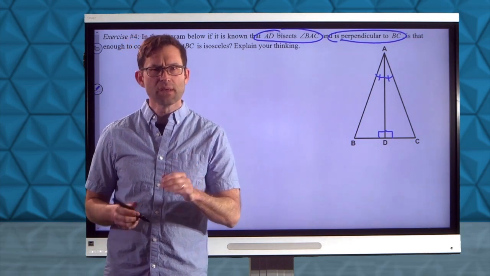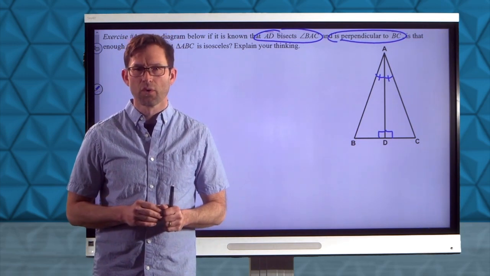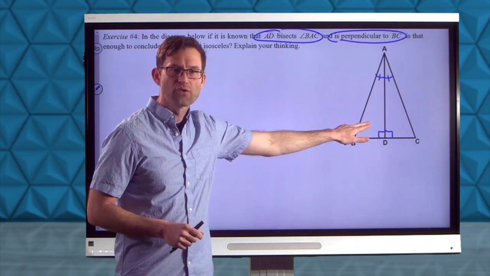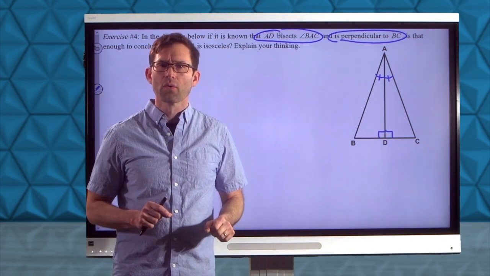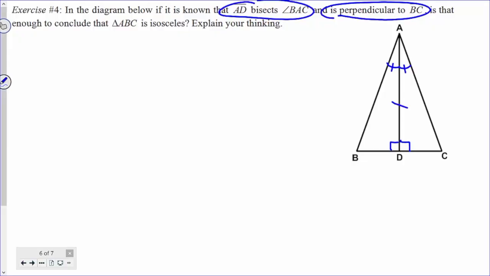And in order to have CPCTC reasoning, we have to establish the fact that two triangles are congruent. Well, the two triangles that we're looking at here are this right triangle and that right triangle. Do we have enough to know that they're congruent? Well, there is this shared side right here.